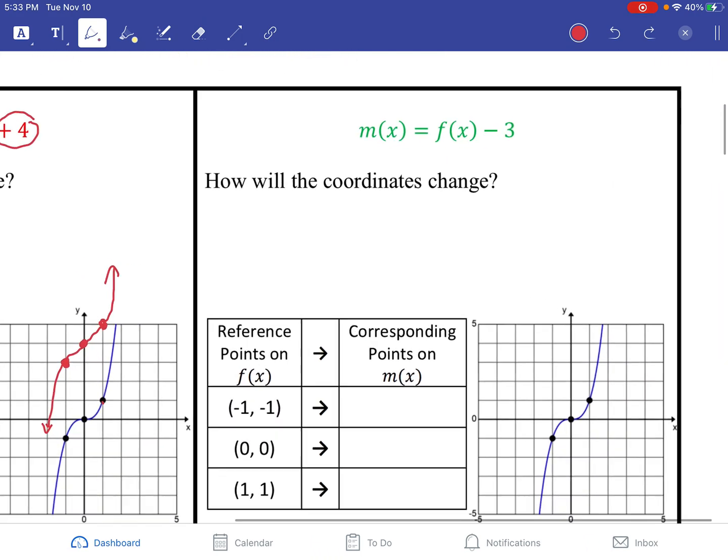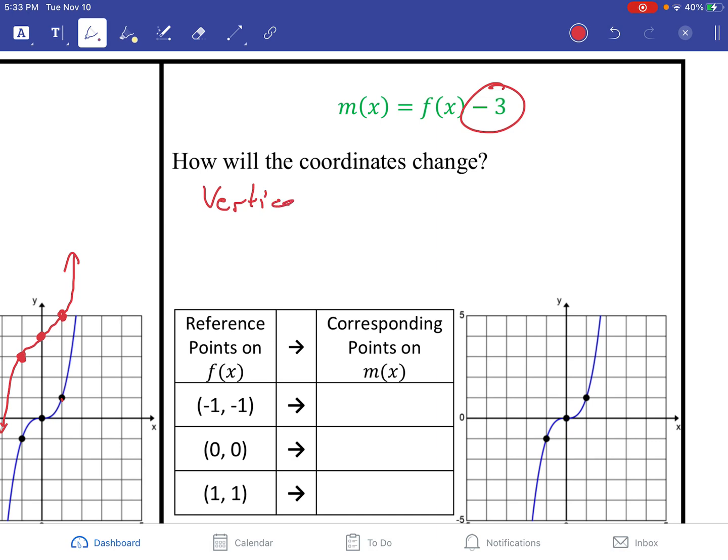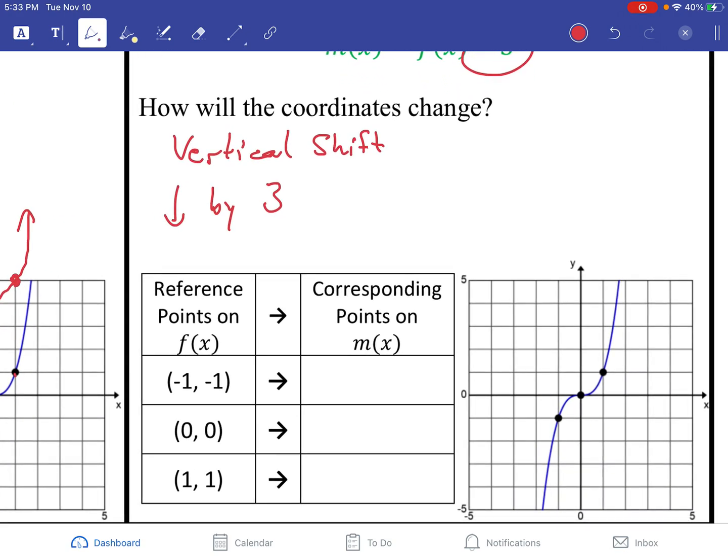Let's look at the next one. Again, it is on the outside, so that means this is a vertical shift. But this time we're going down because it's negative. We're going down by 3. Let's do the points first this time. We're going to take all the y values of the points and subtract 3 from them.